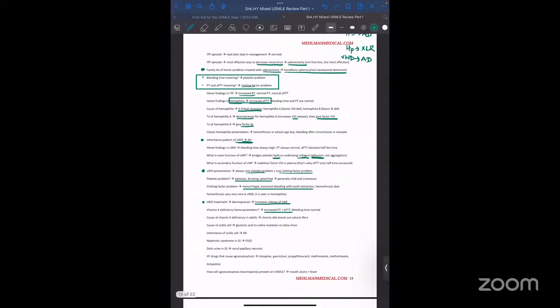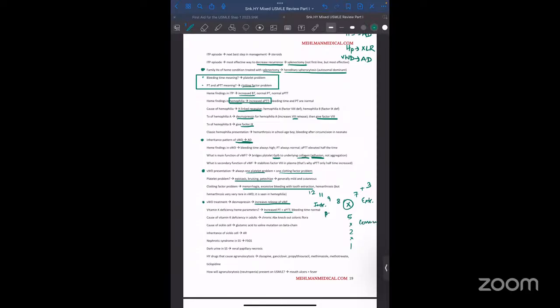One more time, we had factor 10 in the middle, 5 and 2 into 1, and we had 7 plus 3. And we had 12, 11, 10 is here, 9 and 8. This is intrinsic. This is extrinsic. This is common.